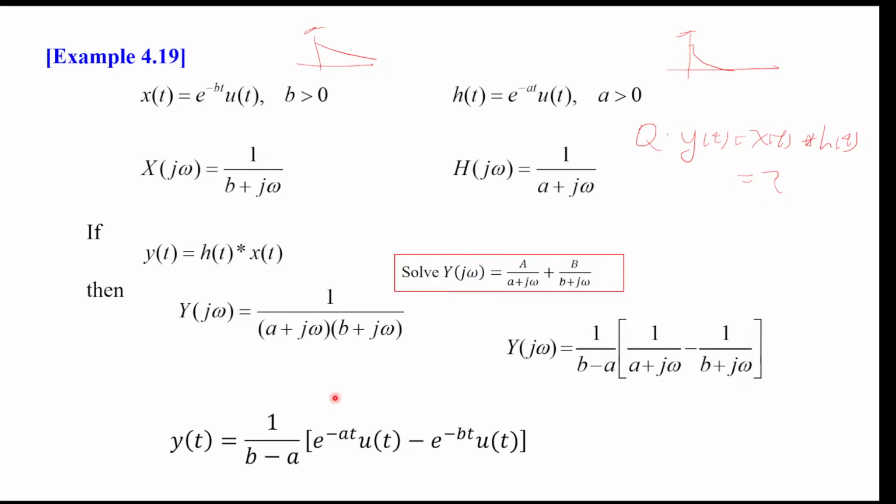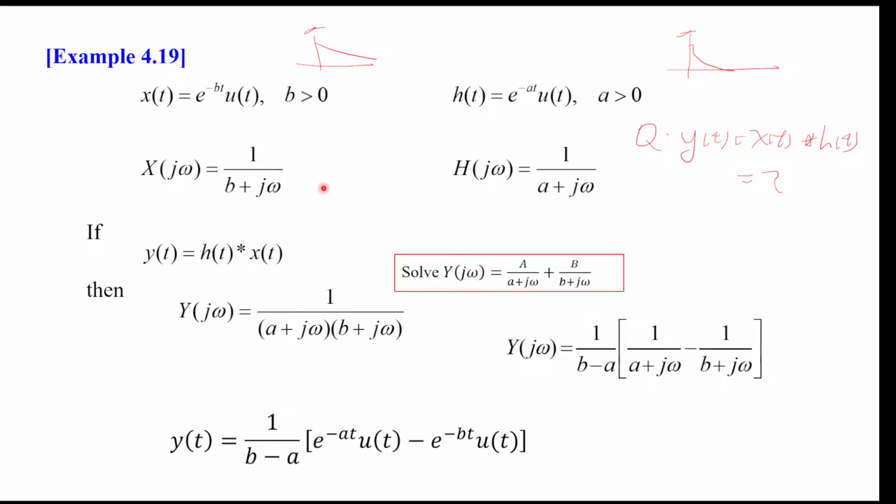So we try to break this Y as two fractions. Okay, so if you look at it hard enough, you see it's 1 over a polynomial on omega. It's 1 over something plus omega and times something plus omega.